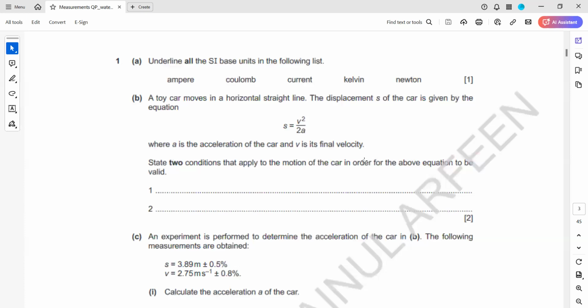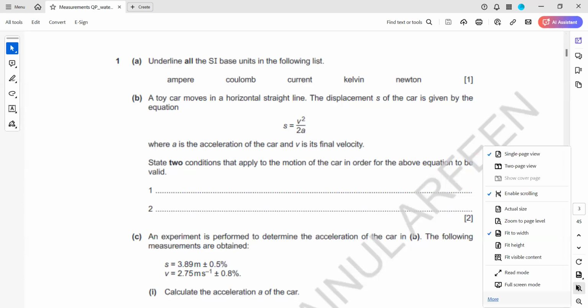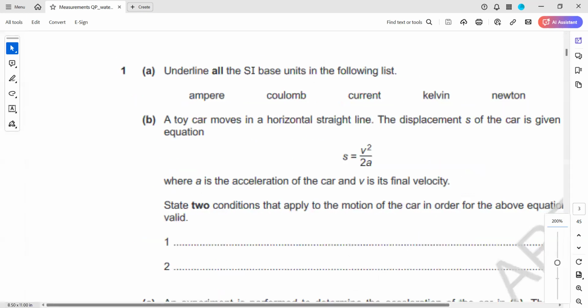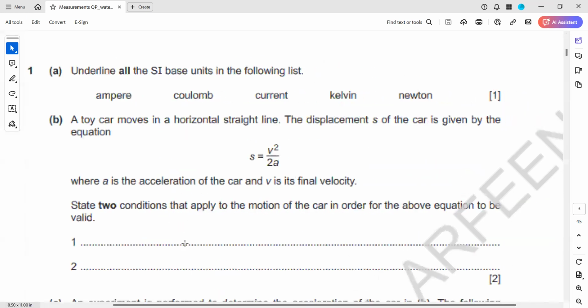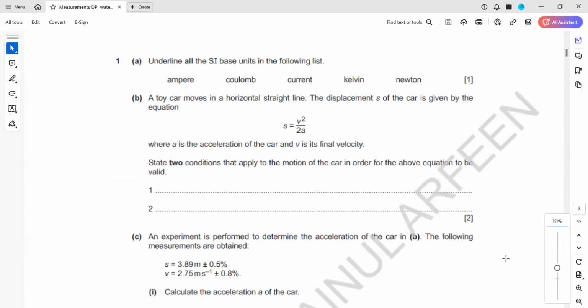So you can use mic, chat, or screen annotation to answer this. The first one, underline all SI base units in the following list. Use screen annotation to answer this. All SI base units.